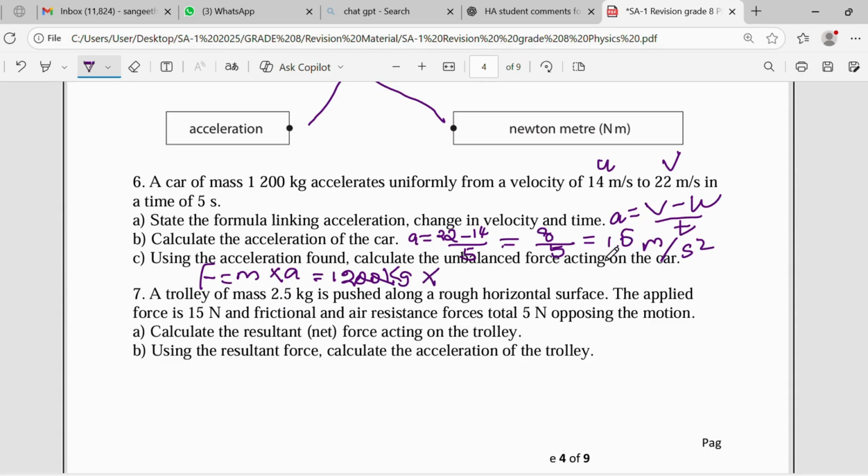We found the acceleration is 1.6 meter per second squared. If you multiply 1200 times 1.6, you will get 1920 Newton. You can use the scientific calculators in your examinations as well.